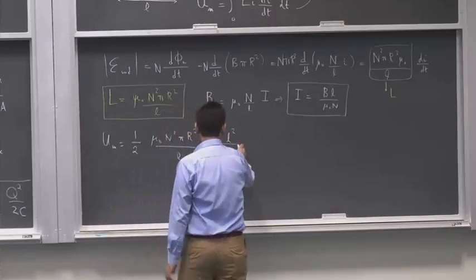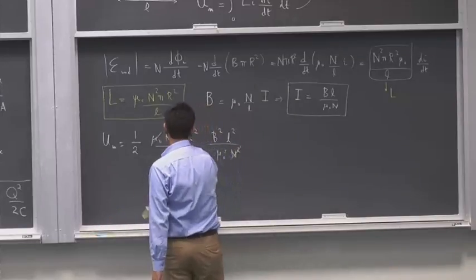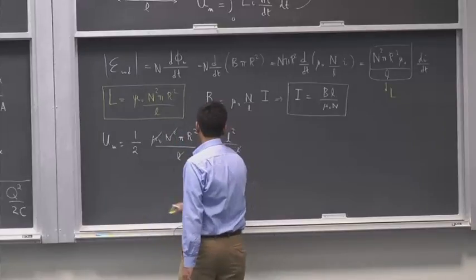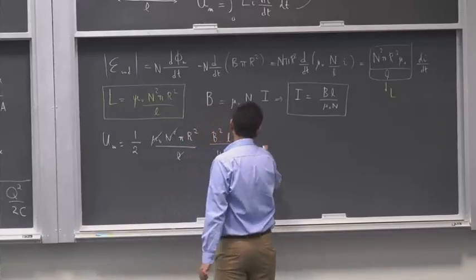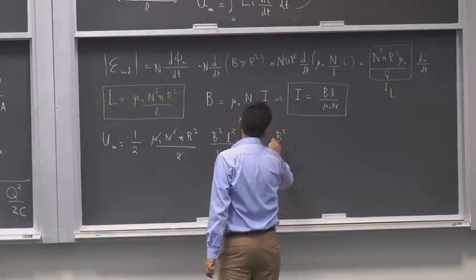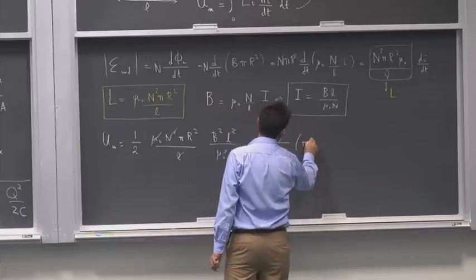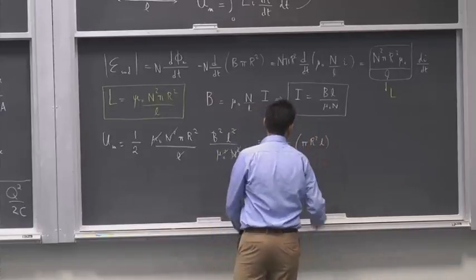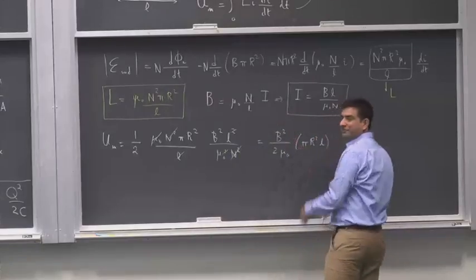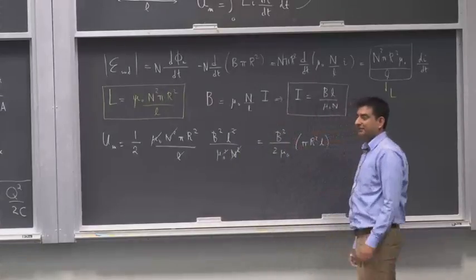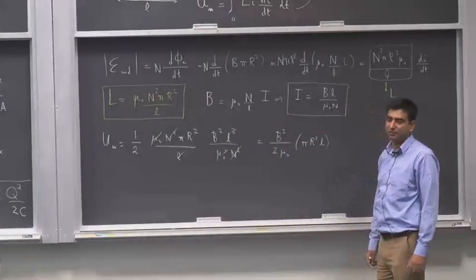The N squared conveniently goes away, a mu naught cancels out with the square, and L cancels out here, and I'm left with B squared over 2 mu naught into pi R squared L. But this is just the volume inside the inductor, pi R squared L.